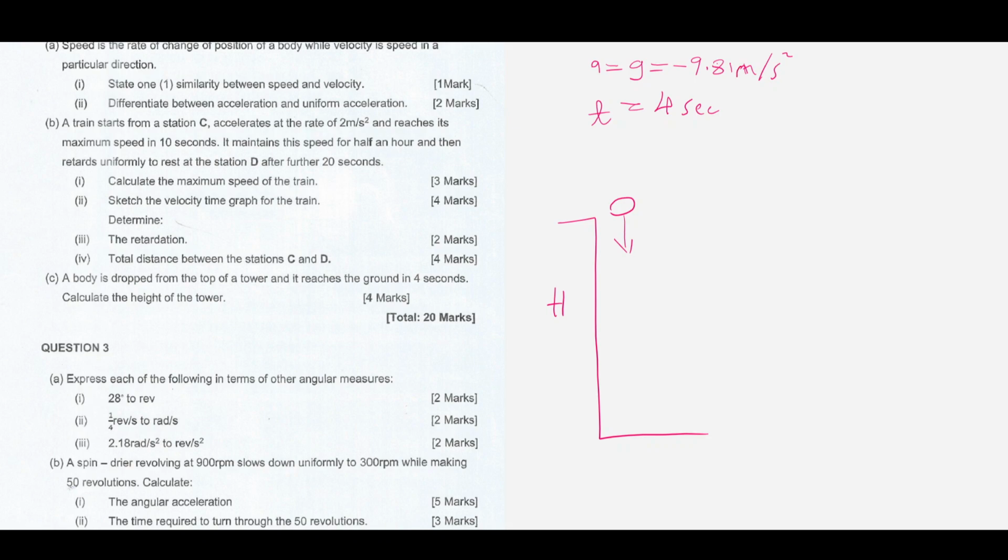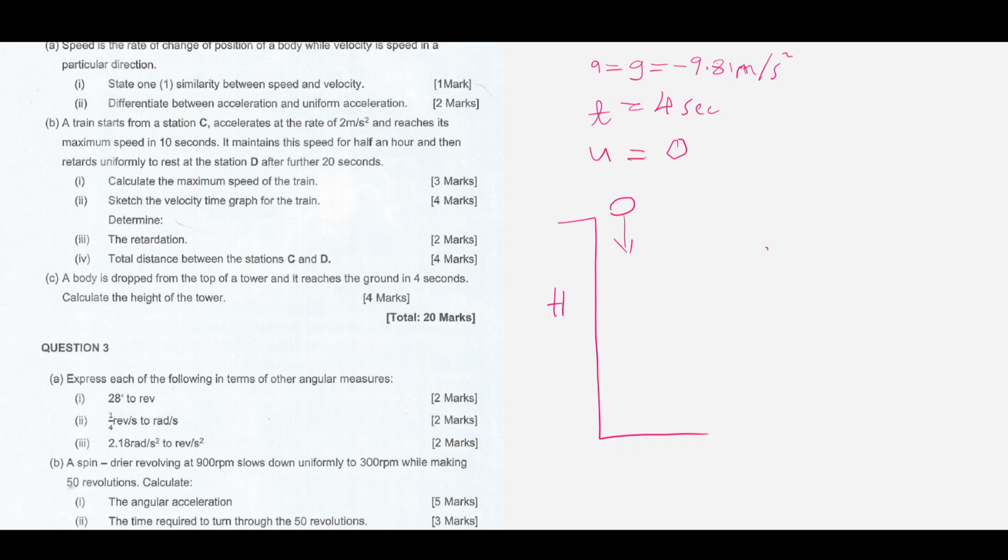Let me just write this one properly. And we also know that the initial velocity of the body is 0. So here we've been asked to find the height, so we can use the equation for distance, because the height is the distance.